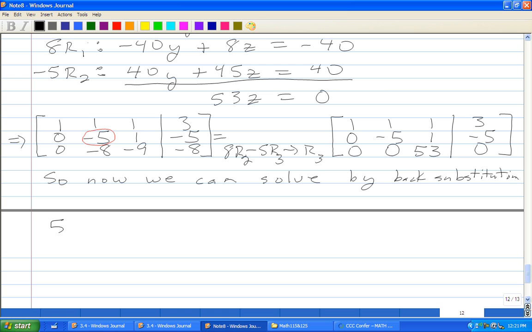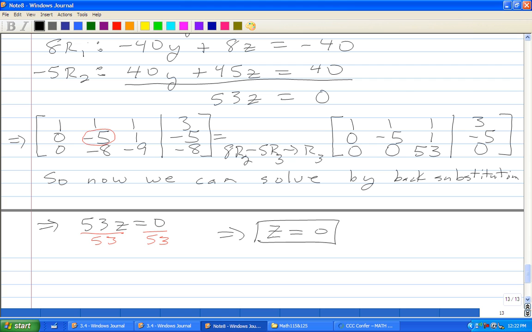So I have 53z is 0. Divided by 53. And so z is equal to 0. Good. So now let's determine y.